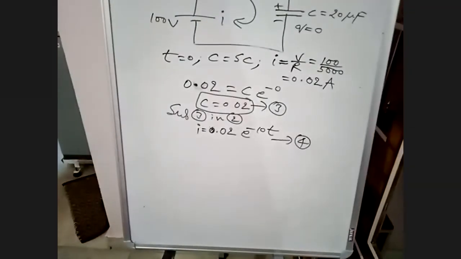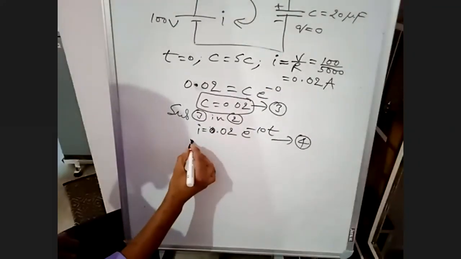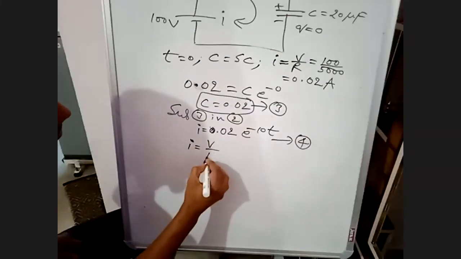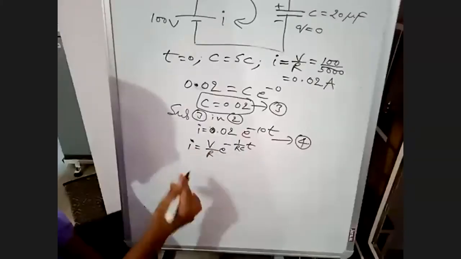If they ask for 5 marks, we do it like this. Suppose they ask for 2 marks, how will you determine the current? What is the formula for current? We have derived it in the RC circuit: V by R into e power minus 1 by RC into t.